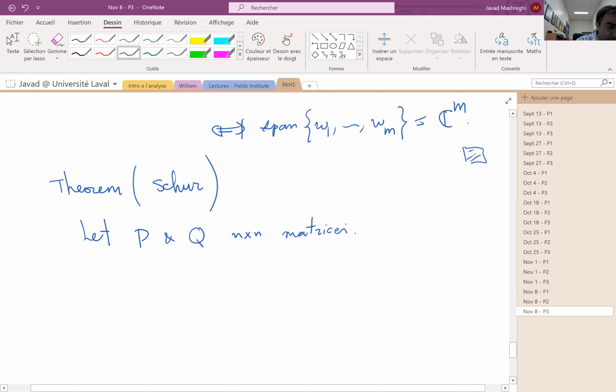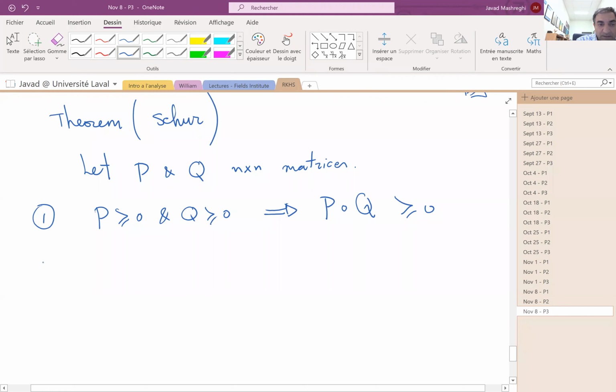If both of them are positive, then the product is positive. If P bigger than or equal to 0, Q bigger than or equal to 0, then P rond Q, the Schur product, is positive. That's number one. And number two, if both of them are strictly positive, then the Schur product is strictly positive.